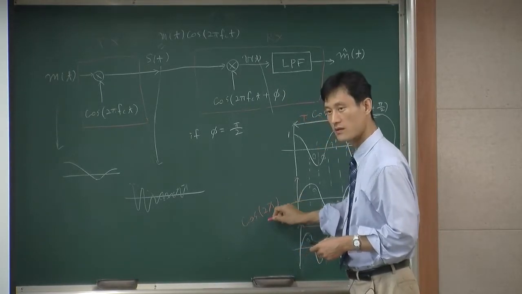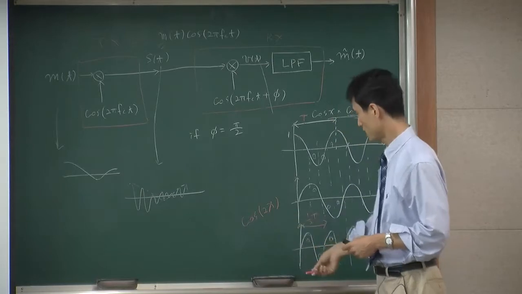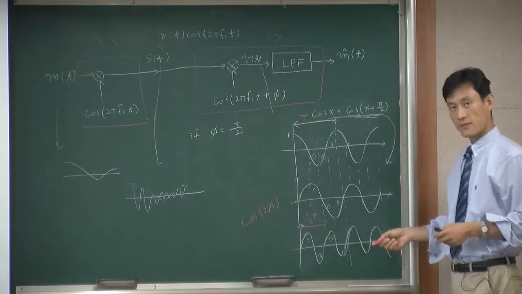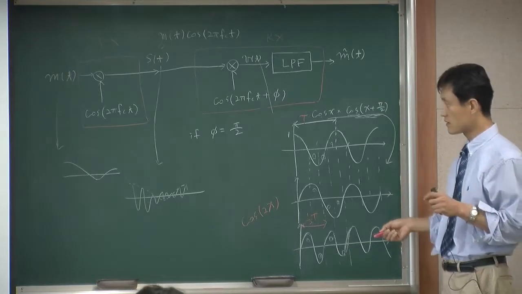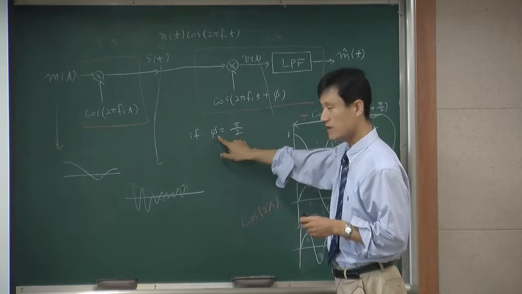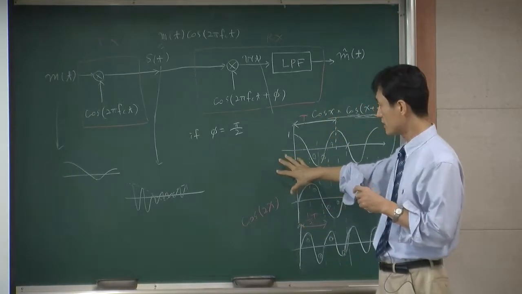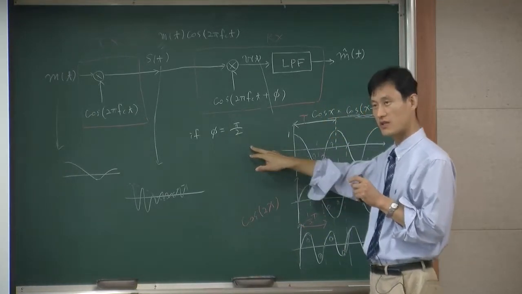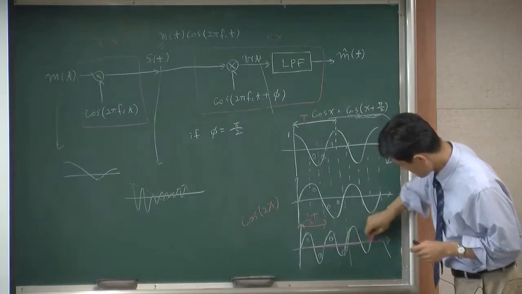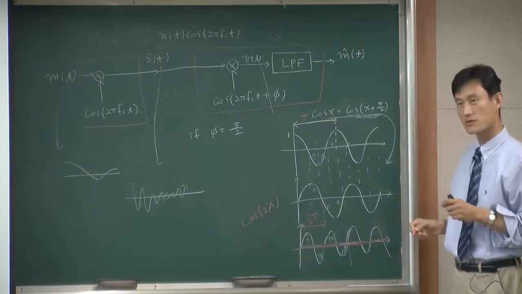Frequency is doubled. But the difference compared to the case when phi equals 0, now in this case the phase difference is 90 degrees, is that the mean value is 0. The mean value is 0, right?